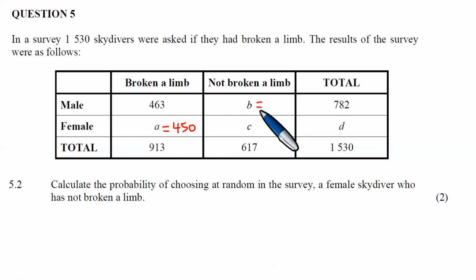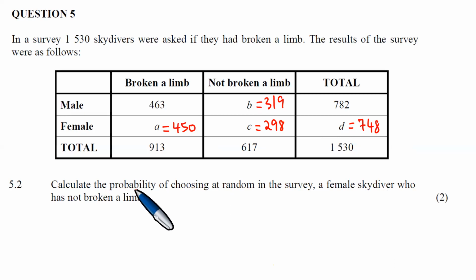B is 319, and we found C to be 298 from the previous question. I'm just writing those down and filling the table up. D is 748.